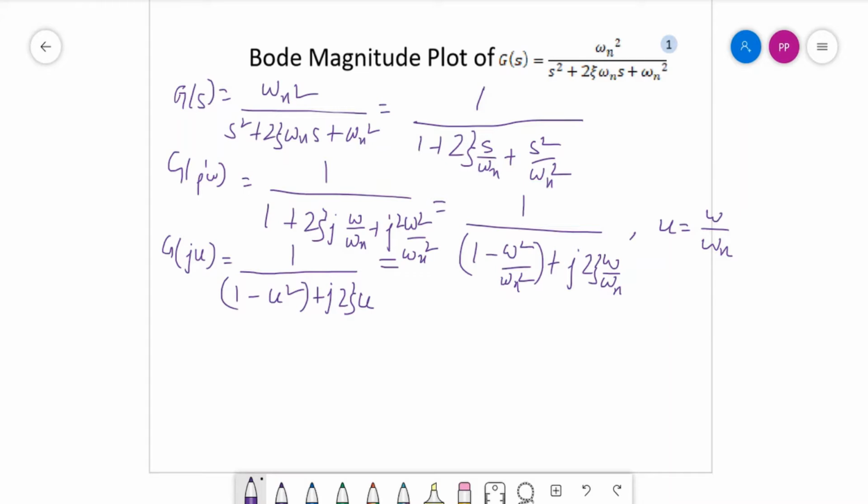So again we can write it in the form of magnitude and phase. For that we multiply the numerator and denominator by the complex conjugate.